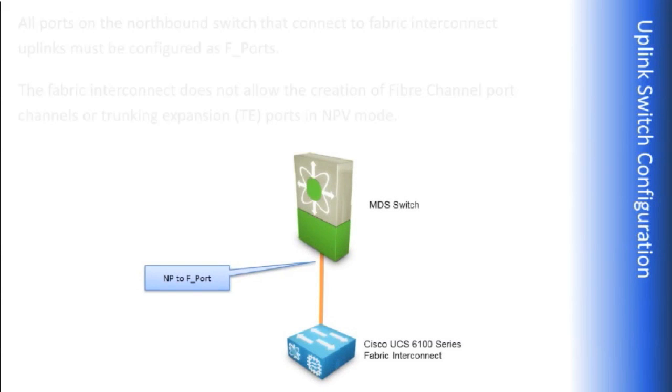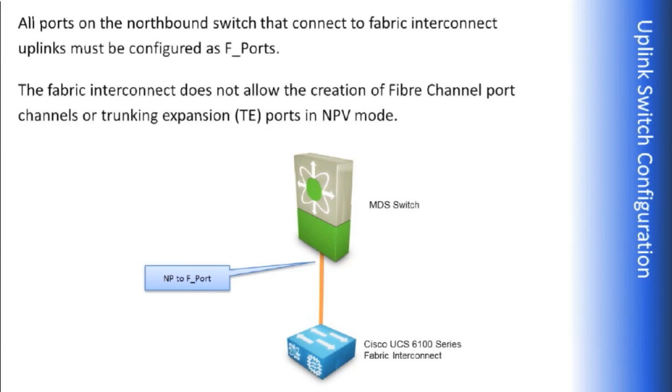Okay, the uplinks on our Fabric Interconnect are configured as F ports. In other words, the port here is an F port. Okay? So just like we had this discussion in our LAN environment, I told you we've got to go to the person that runs the Nexus and make sure that's a trunk link.